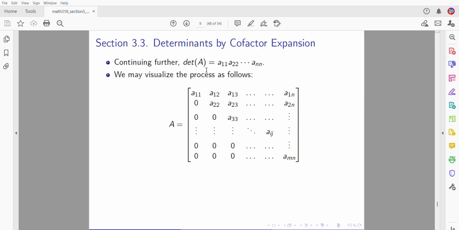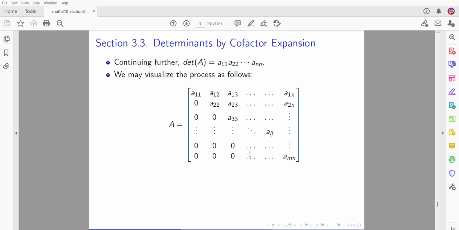So let's understand it using a picture. This is an upper triangular matrix, so everybody below is 0. Because this has the maximum number of zeros, I expand my determinant along column 1. So A11 times the cofactor from here, the smaller one. Just drop the first row, drop the first column.